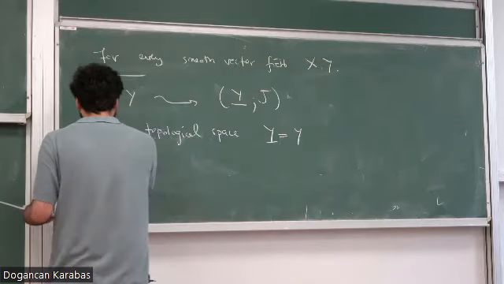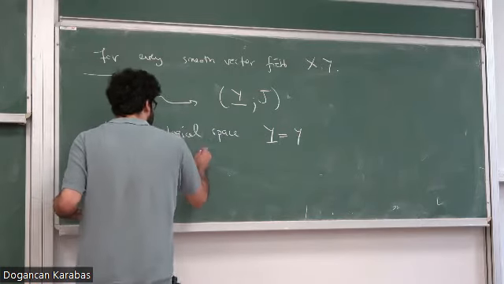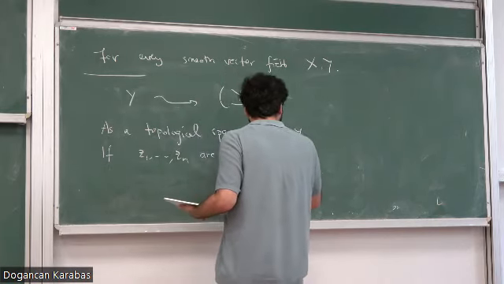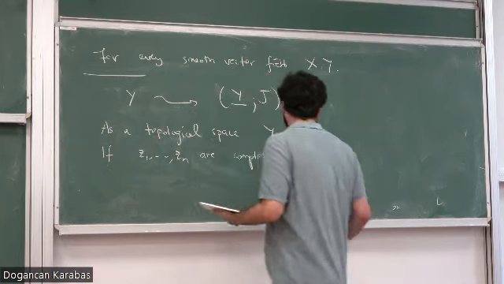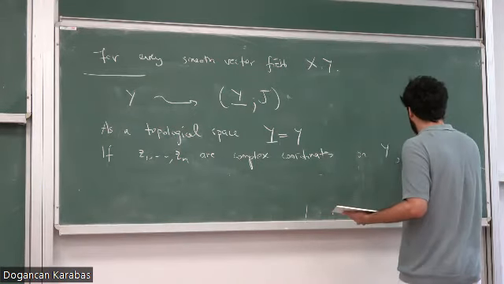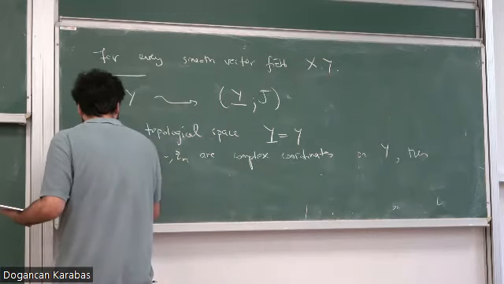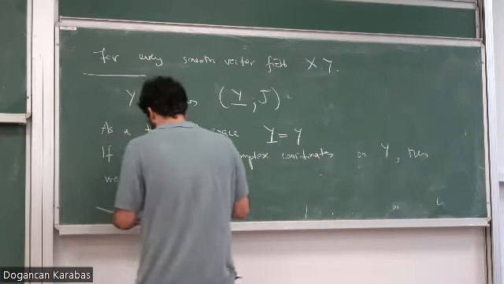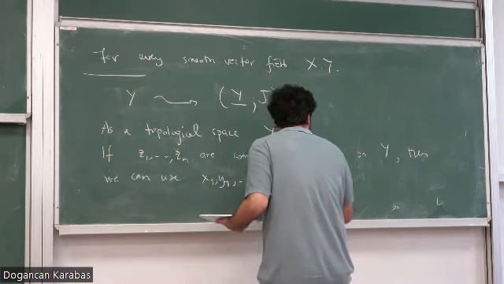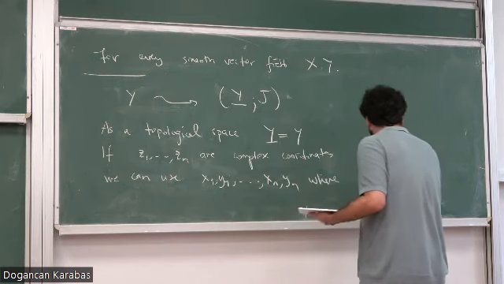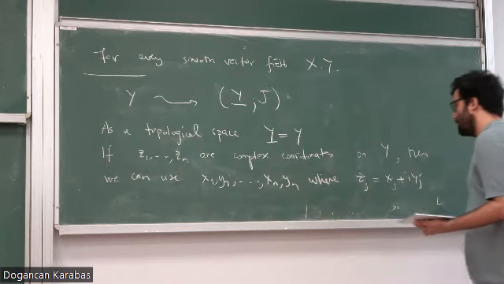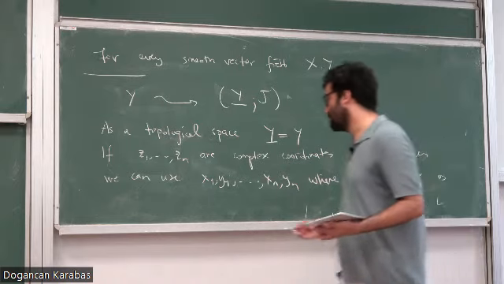So if z_1, ..., z_n are complex coordinates on Y, then we can use x_1, y_1, ..., x_n, y_n, where z_j is equal to x_j plus i y_j, as smooth coordinates.